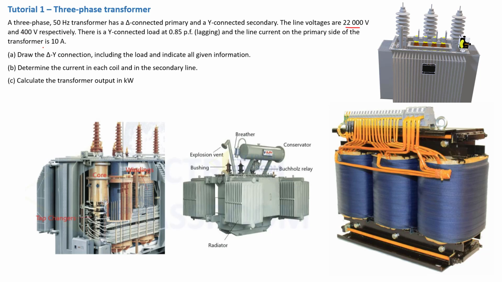So the 400 is on the secondary side, which is the star side, and the primary side is the delta. There is a Y connected load at 0.85 power factor, which is lagging, and the line current on the primary side of the transformer is 10 amp. So we have the transformer carrying a line current of 10 amp on its input.